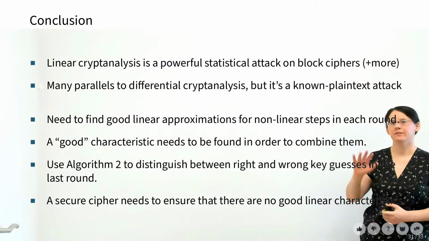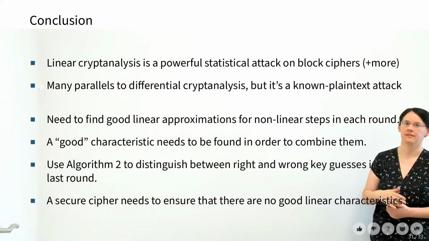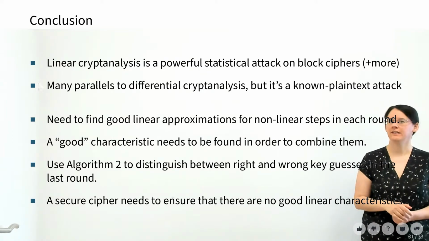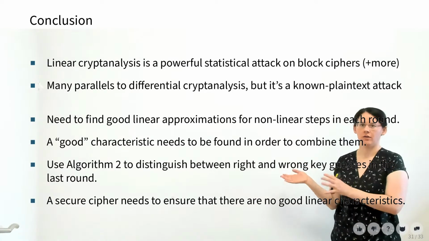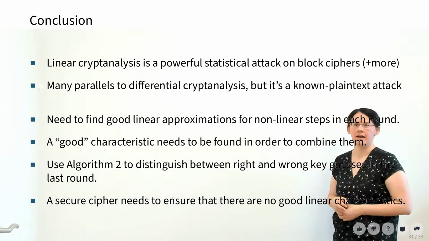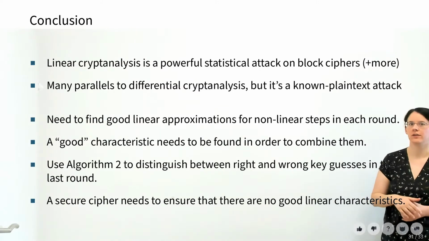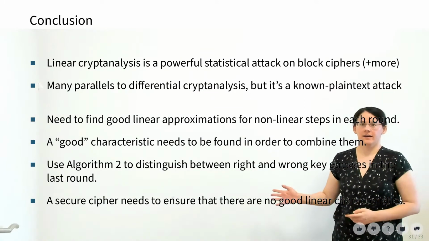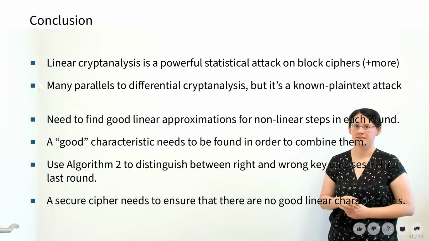And if I have such a very good linear characteristic, and thus assume I have a good linear approximation for the full cipher, then I can use this algorithm, which counted how often it is correct, how often not, in order to distinguish between correct and wrong key guesses for the last round. And as a new cipher, you always need to argue why this attack is not applicable.